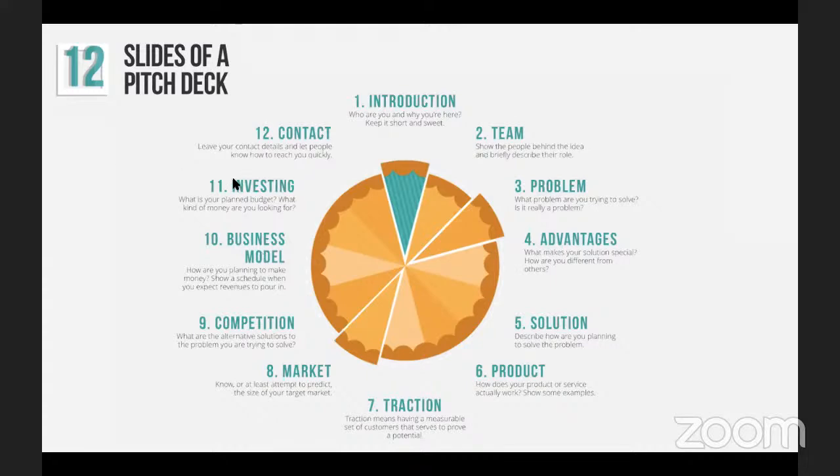Investing. How much are you asking for? I'm asking for $80,000. For argument's sake again, this $80,000 will be used for marketing and advertising. It will also be used for setting up the platform, or getting access to a software.